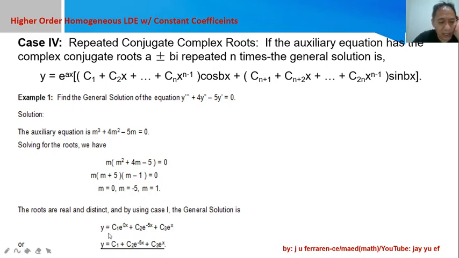So y is equal to c sub 1 exponential, the root is 0, x, plus c sub 2 exponential, the root is minus 5 times x, then plus c sub 3 exponential 1x. Exponential 0x is 1. So our y is equal to c sub 1 plus c sub 2 exponential minus 5x plus c sub 3 exponential x as our answer.